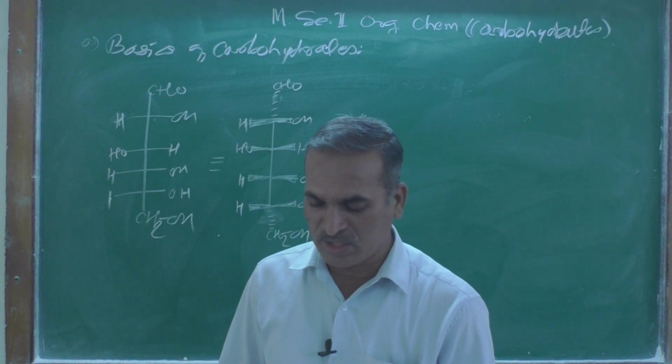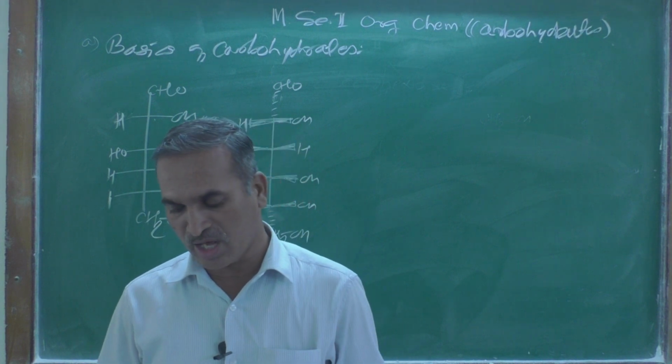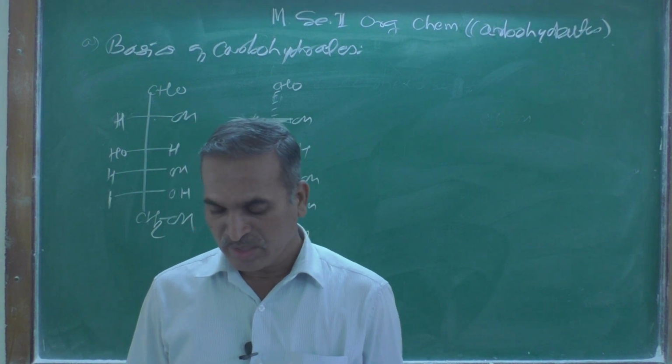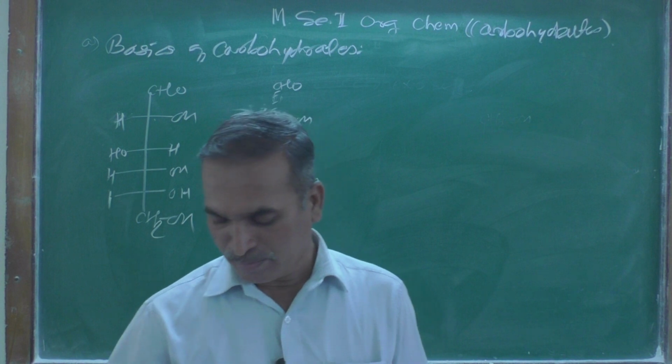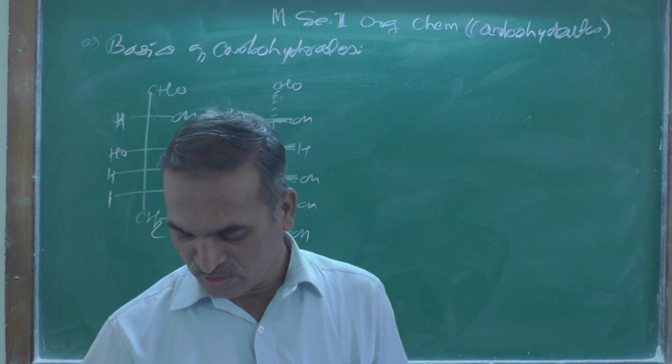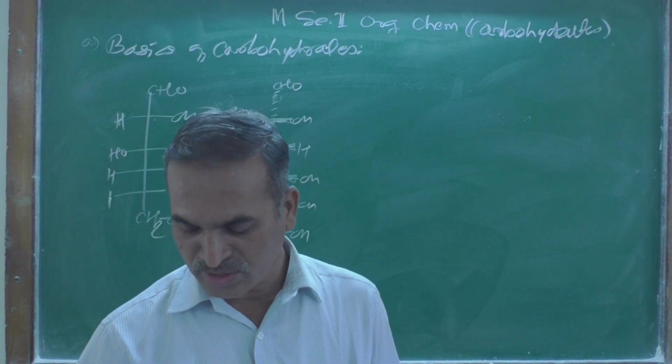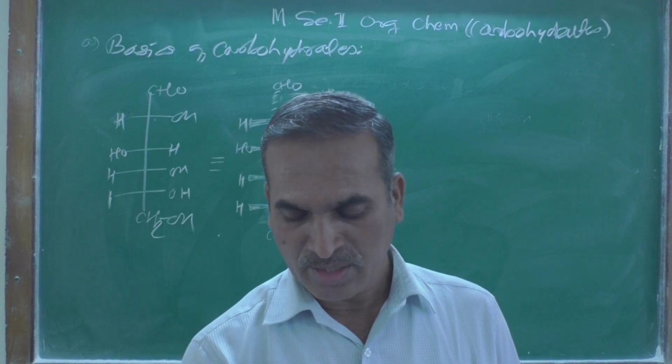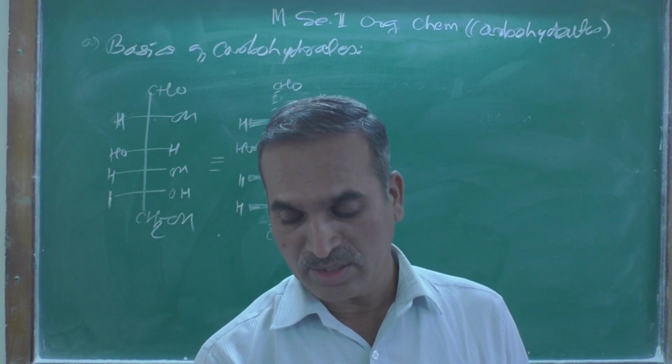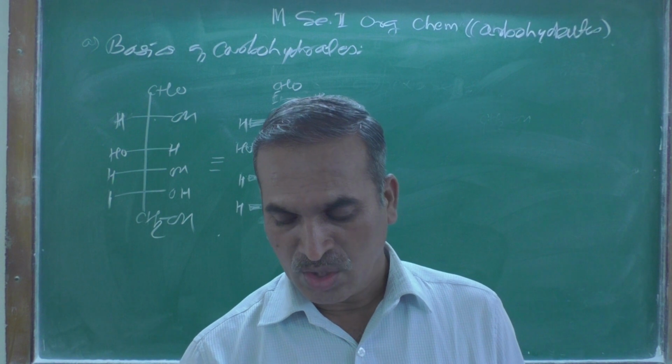All 16 of these possible stereoisomers are known. Only 3, plus glucose, plus mannose and plus galactose, are found in abundance.